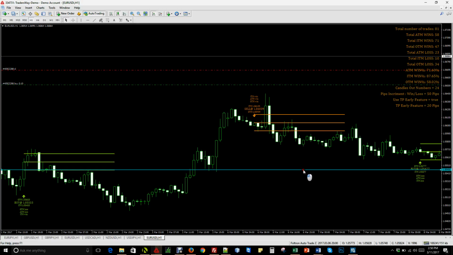I would almost push it down to here because price has hit this level multiple times. It hit it here, it hit it here, it hit it here, it hit it here. And as you can see, they're all smaller candles or they're pin bars, okay? So price seems to come down to this level often, okay?